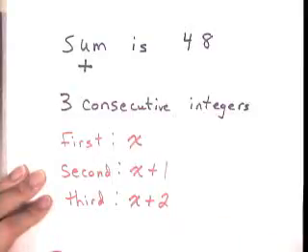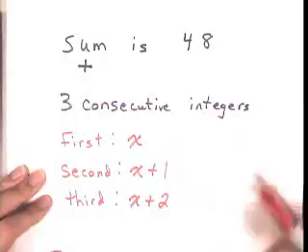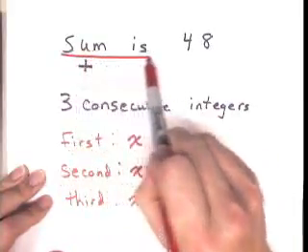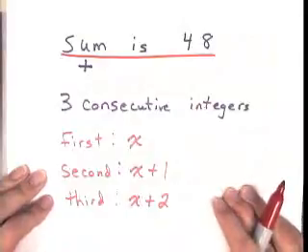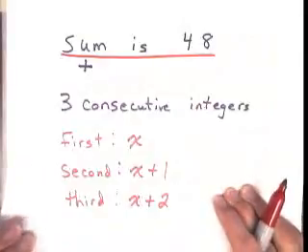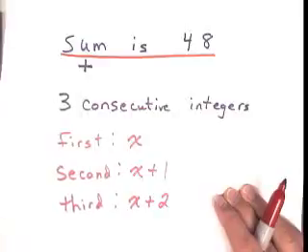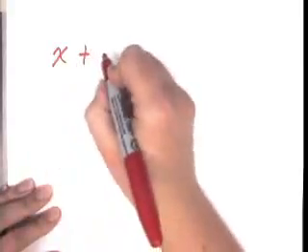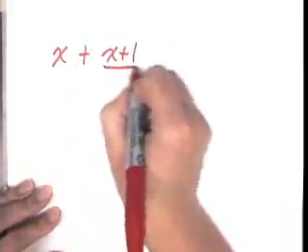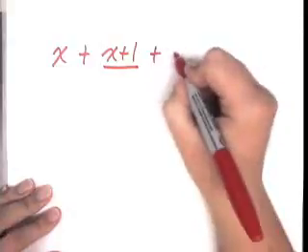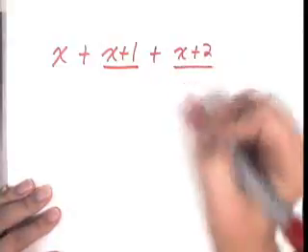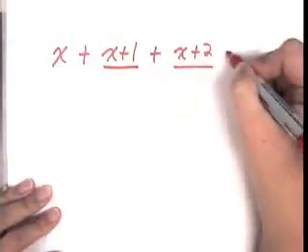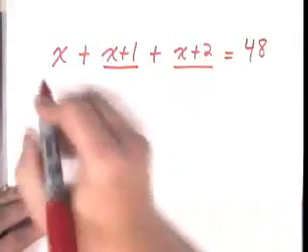So now I have 3 consecutive integers written out using algebra, and what I want to do is connect them using this piece of the puzzle: the fact that their sum, their total when they're added, is 48. This is going to give me an algebra equation that I can solve. The first, x, plus the second, x plus 1, plus the third, which was x plus 2, is going to total 48.